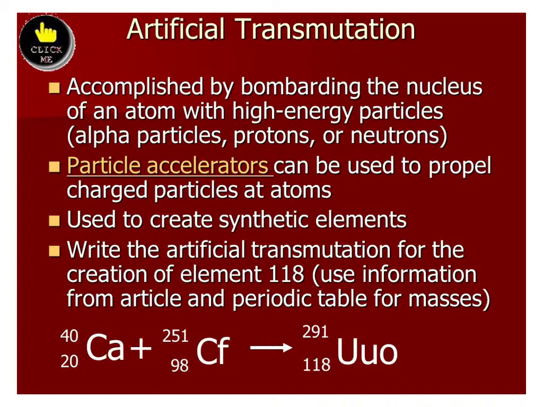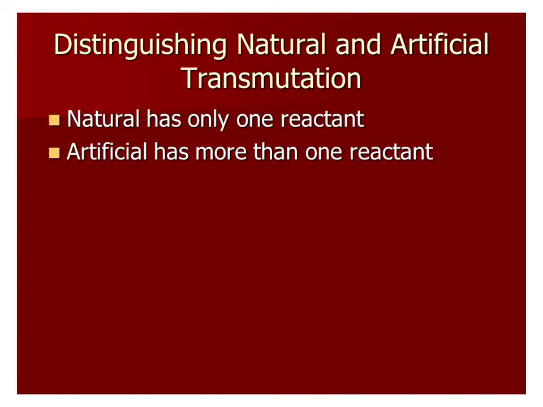Distinguishing between natural and artificial transmutation is quite easy. The natural one has only one reactant. It is basically a radioactive decay reaction. The artificial one has more than one reactant.